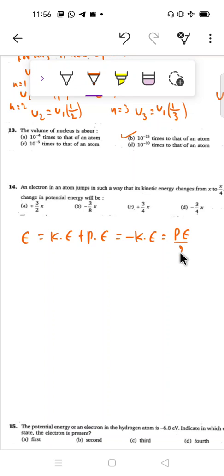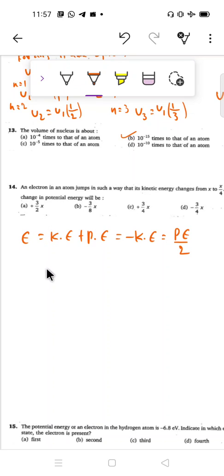This is also given in the book, and it is correct. I have some proof, but giving that proof makes the problem more lengthy, so you can straight away remember this: energy is equal to KE plus PE is equal to minus KE is equal to PE by 2. It is enough to do the problem.